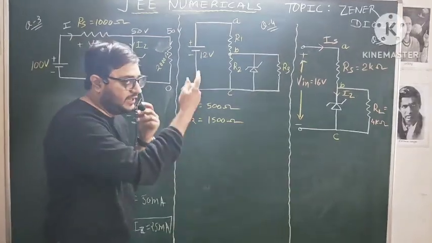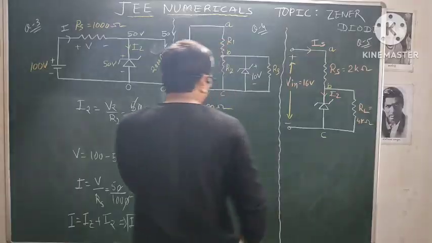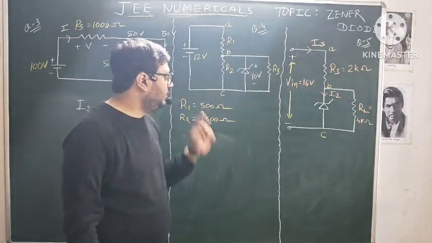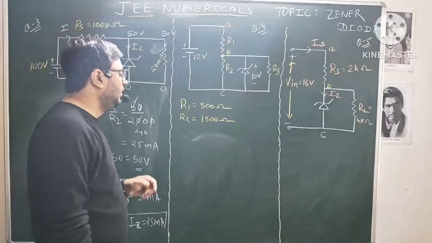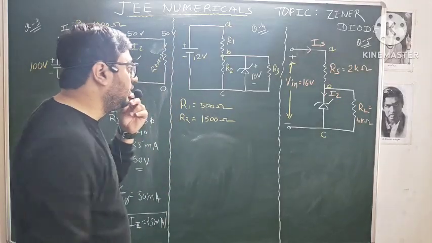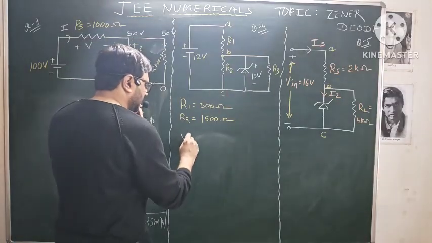Fine. Now in the next numerical, we can find the current through the Zener diode. The resistances that we were given are R1 and R2, and the battery voltage that we were given is 12 volt. So how do we do that? Let us start.